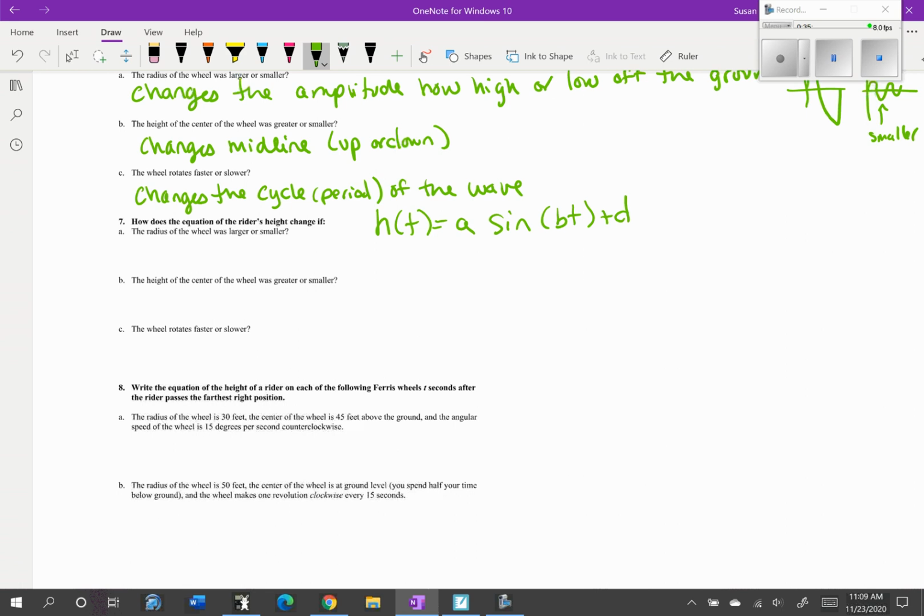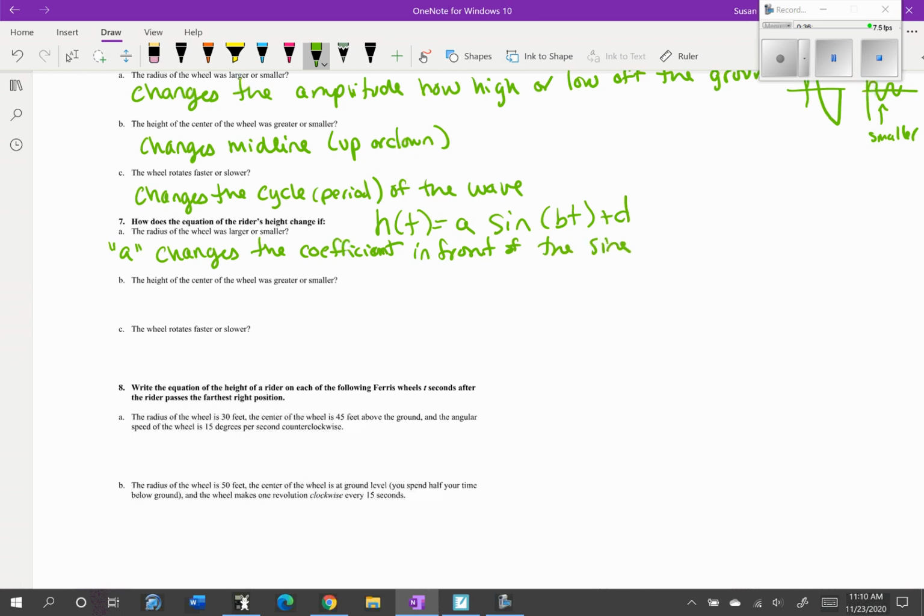So the radius of the wheel was larger or smaller. So that's your a value. So it changes the coefficient in front of the sine. So that a value.